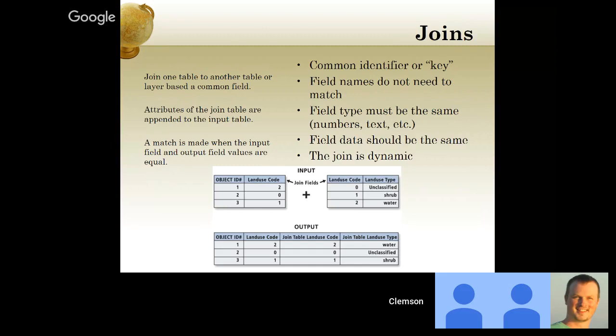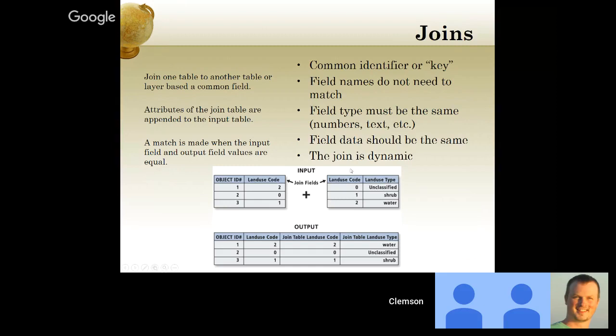So the join is dynamic. Remember, our events data set is a dynamic data set that only lived in the map document. So is our join. It only lives in the map document. You can export a data set to preserve a join, and the exported data will have those appended attributes. But here, in our example, we're starting with some table that only has an object ID, some automatically generated code, and then this land use code.